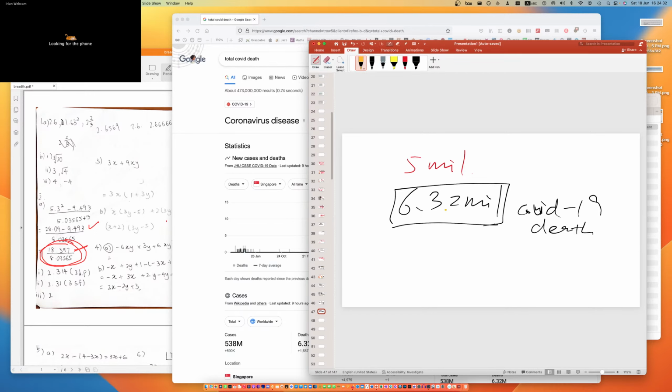Accurate. Yes. Okay, so let me tell you what I think of this number. I'm not claiming to be an expert who knows the exact number of COVID-19 deaths worldwide since the beginning. So this 6.32 million, I will say this is an estimate.